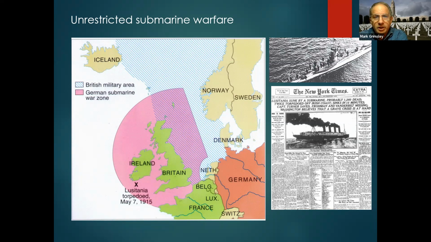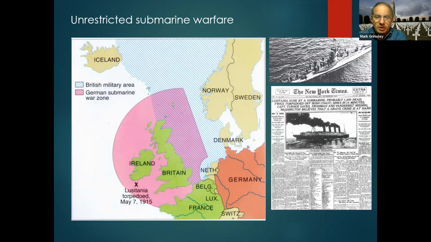And so, if you look here, you'll see this pink area. You will see that in early 1915, the Germans just declared a war zone around Great Britain and Ireland.